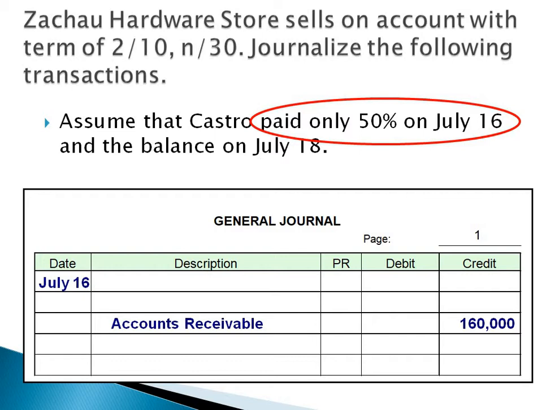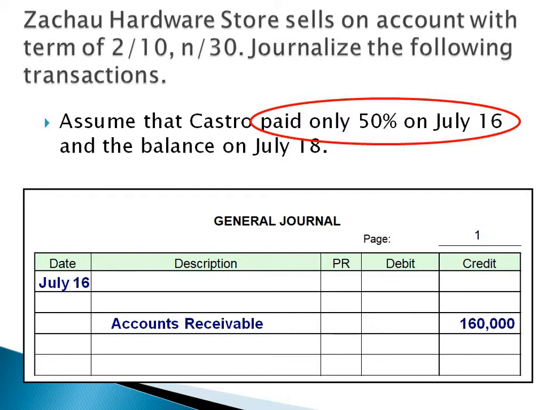Now, was there any other account of Sakaw which either increased or decreased by Castro's payment on July 16? There must be. Because notice, we only have a credited account here. Remember, in every journal entry, there must be at least one debited account and at least one credited account. And the total debit must always equal the total credit.